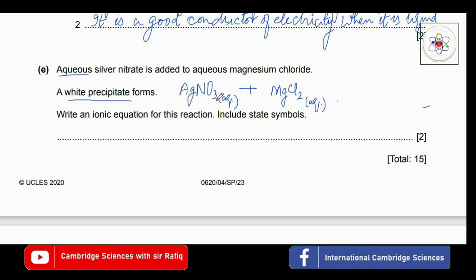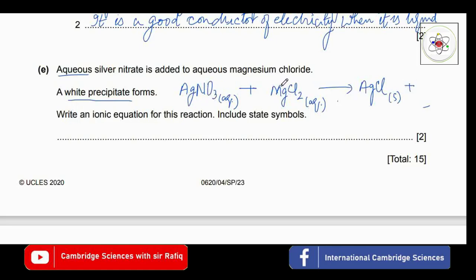When the two solutions are added together, a double displacement reaction occurs in which the cation of silver nitrate will combine with the anion of magnesium chloride to form AgCl, silver chloride, which is an insoluble salt, so we will write state symbol s.